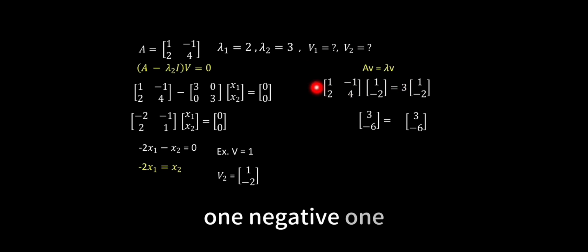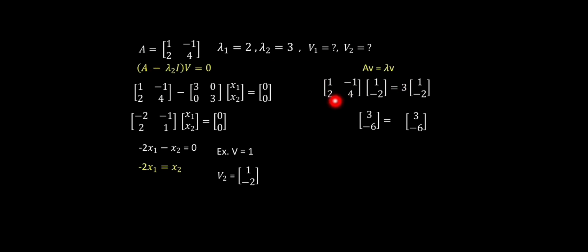[1, -1; 2, 4], our matrix, times our vector [1, -2], is equal to lambda, our eigenvalue, which is 3, times our vector [1, -2].